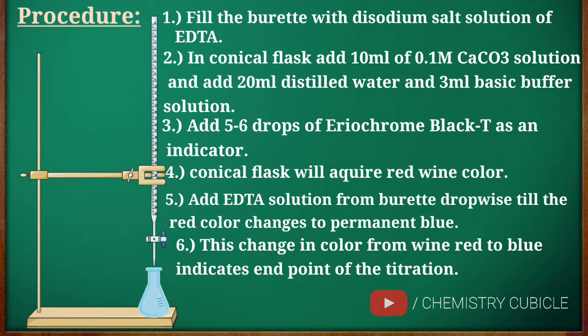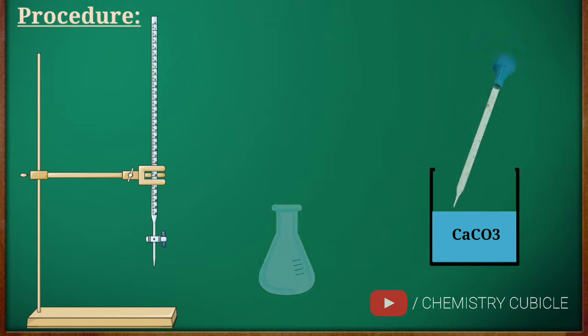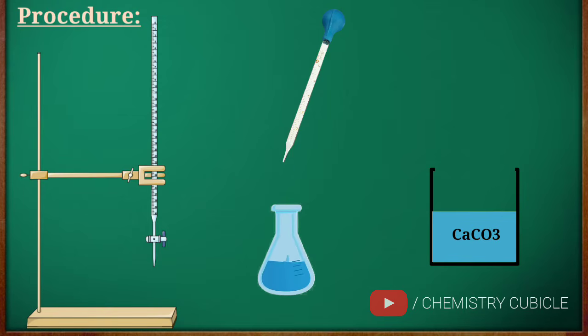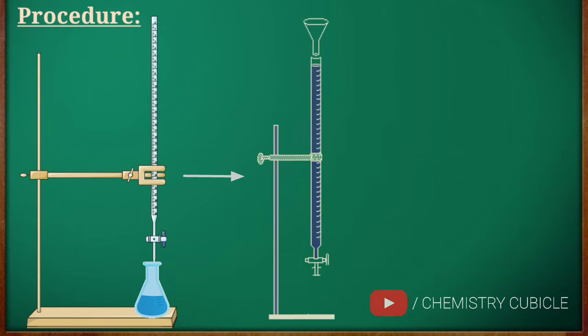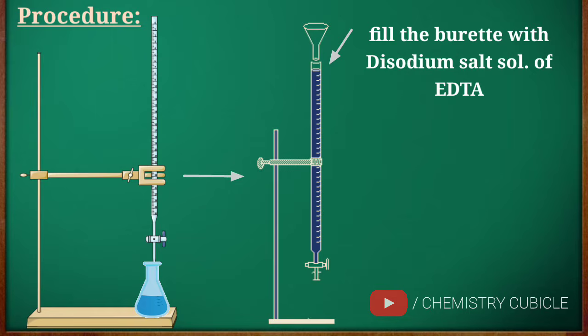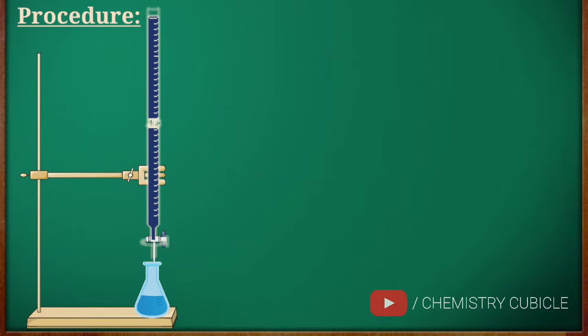Let's suppose we have taken 0.1 molar calcium carbonate solution, which contains calcium 2+ metal ions. With the help of a pipette, we add 10 ml of calcium carbonate solution to the conical flask. The disodium salt solution of EDTA is filled in a burette.